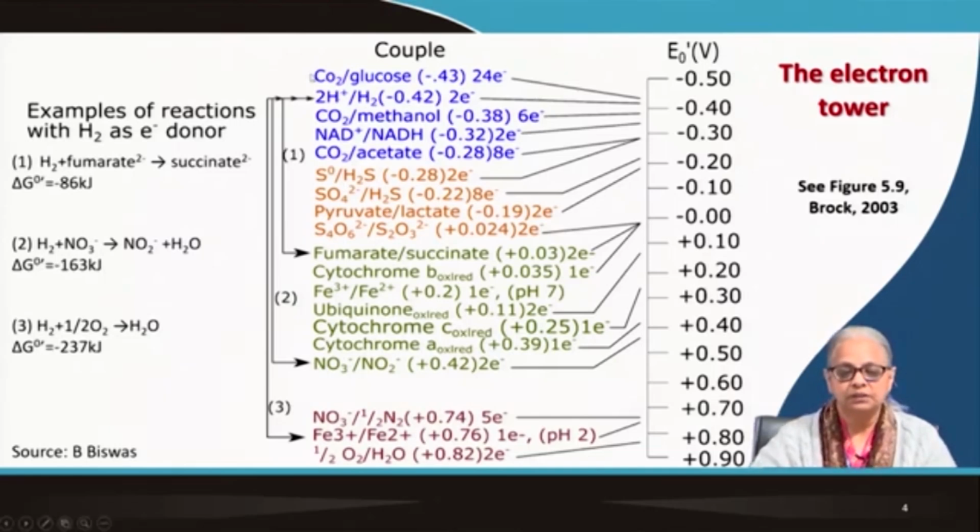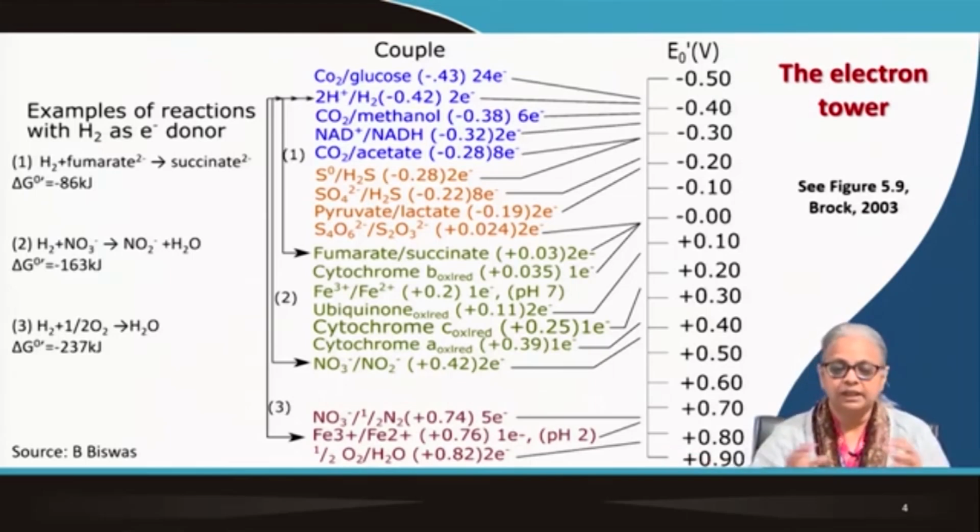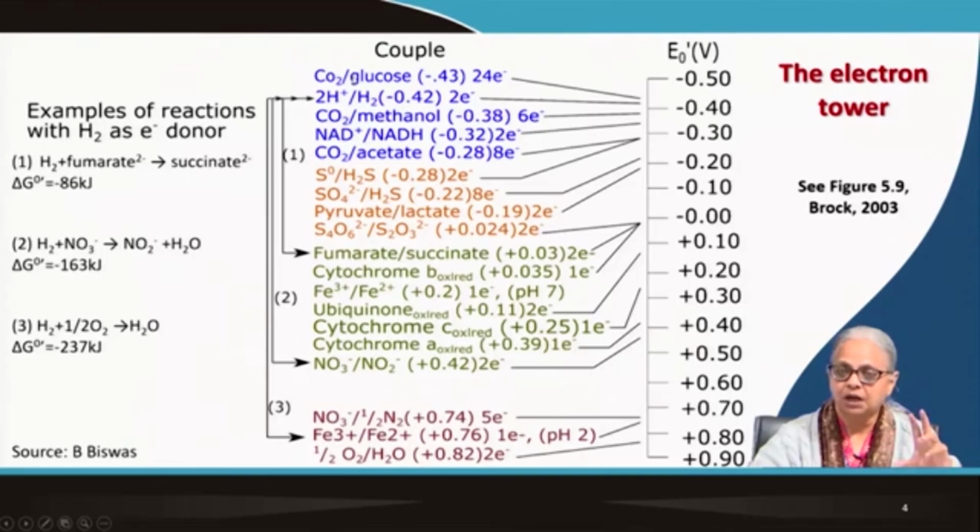So you can see that the greatest distance is from glucose to oxygen. So the top and the bottom, if you combine those two, that is where the greatest release of energy is going to be. So if I can, I'll just say it instead of writing it. If you have glucose plus oxygen going to CO2 and water, that is nothing but a combination of these two half reactions.